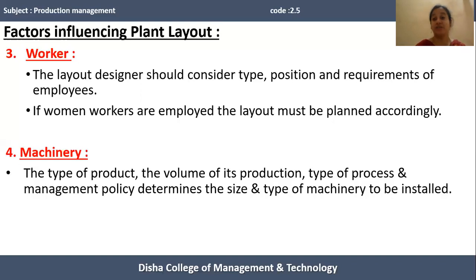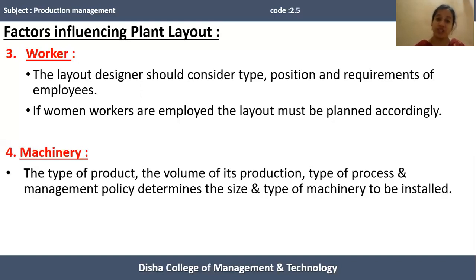If the firm adopts the assembly process, then they require different machines, like casting, turning, milling, drilling, and forging machines. In that situation, that plant requires various types of machines.